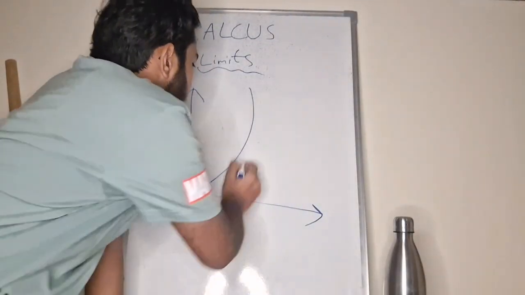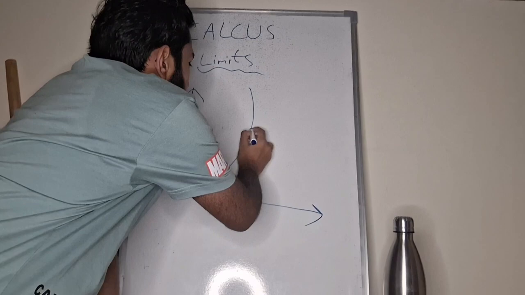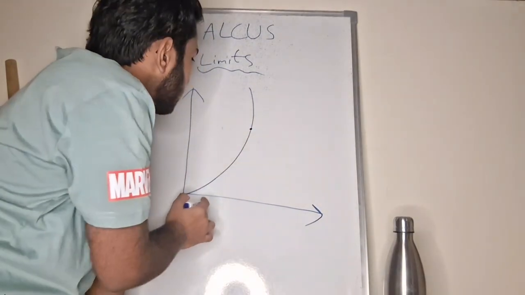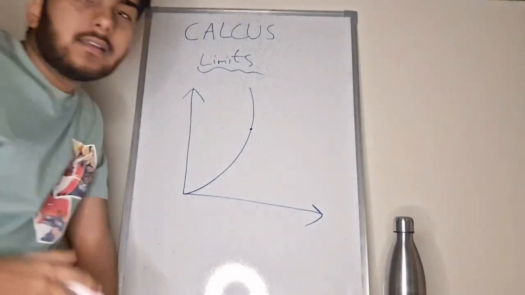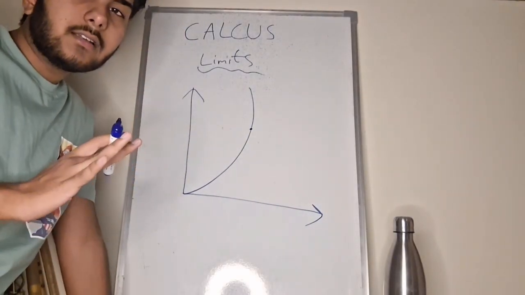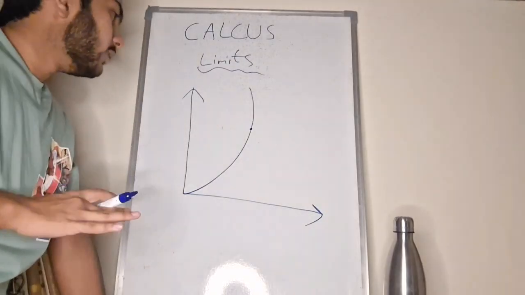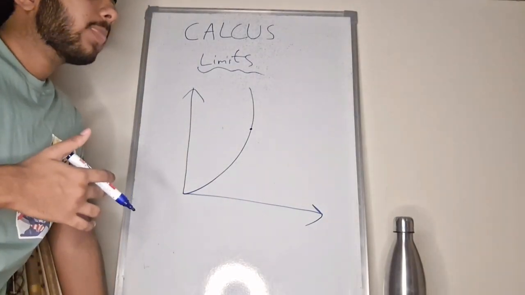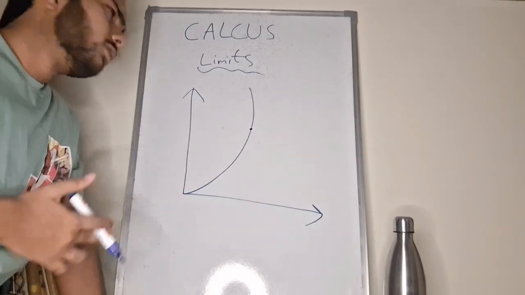Now, if you want to calculate the rate of change at this point in time, firstly, you can't calculate the rate of change at a point in a general sense. You could say a more intuitive sense.